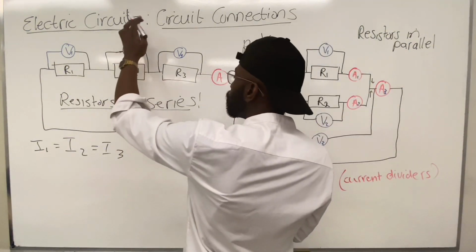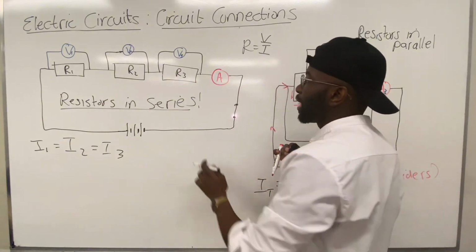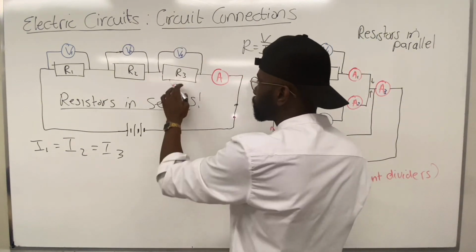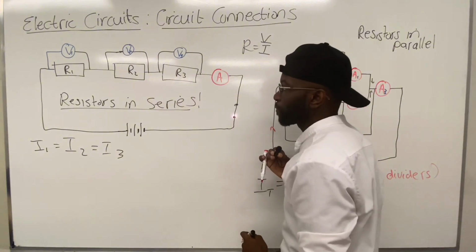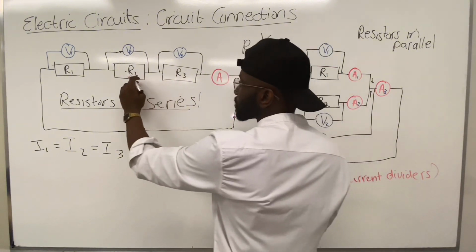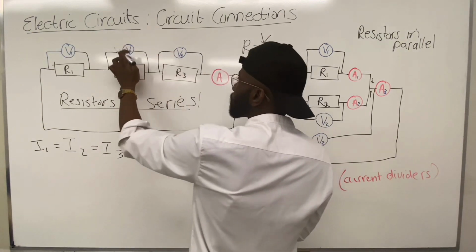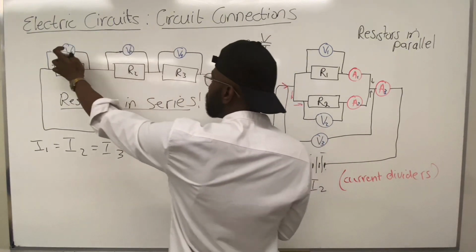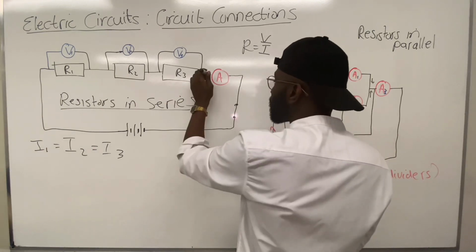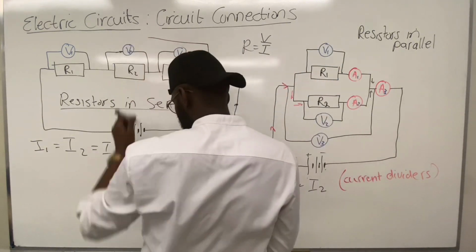And V2 will have its own value, and V3 will have its own value depending on the value of R3. Now, in series, this potential difference will have 3 unique values. We can connect a bigger one here if we want.